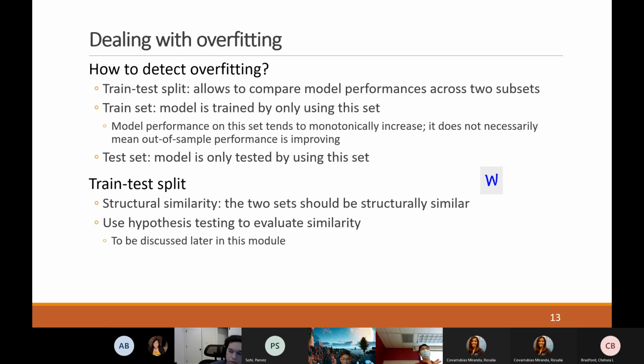So the concept of train test split is to preserve a portion of the original data set to imitate out of sample data so that you can faithfully test your model. That makes sense? Because in the machine learning environment, if you use all the data to train, you lose the opportunity to really test the model until you implement the model in your business, and somehow you find the model has overfitted, and that's too late.